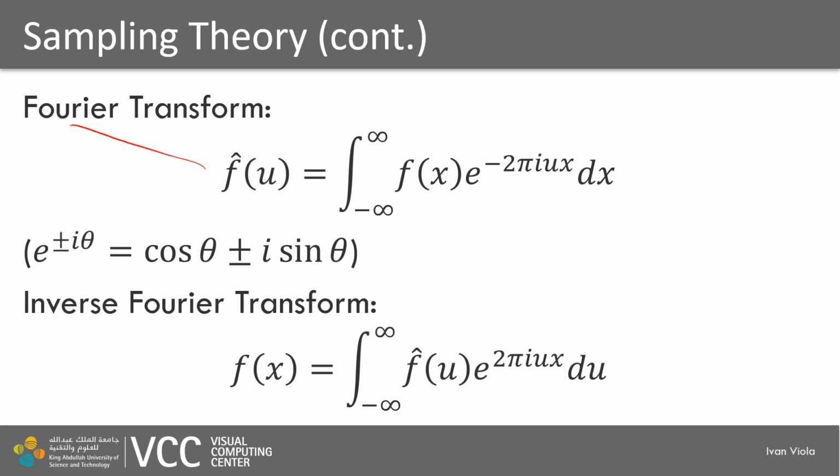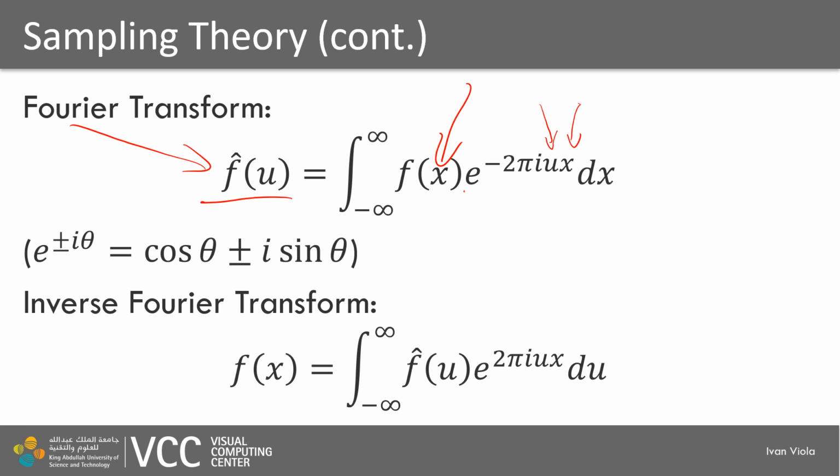If we want to transform a spatial signal defined by the function x into its frequency representation, f of u, we perform an integral in the continuous case of this function and product with this exponential function of e powered by 2 pi i u x, where the u would be here the variable for the frequency domain, and the x is the variable for the spatial domain.